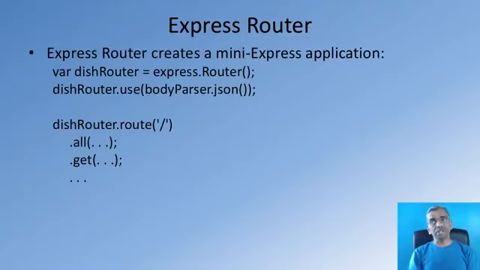An Express router defines a mini Express application, and within that mini Express application you can, for example, deal with one particular REST API endpoint, or one particular pattern of REST API endpoint, in more detail. For example, we can define a dishRouter as express.Router, and then the dishRouter can handle the endpoints. When you express something as express.Router, it supports the route endpoint.